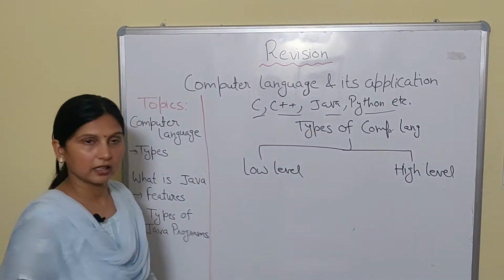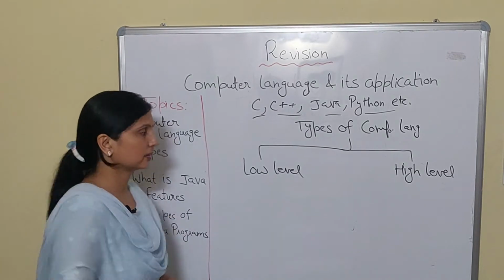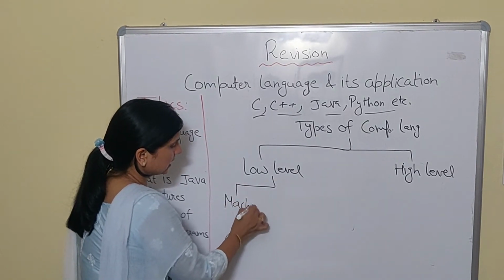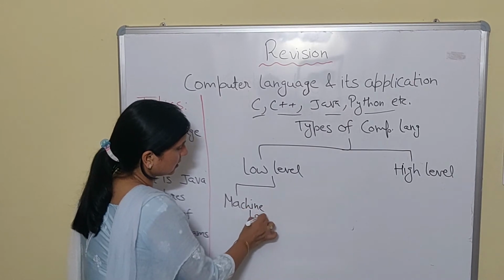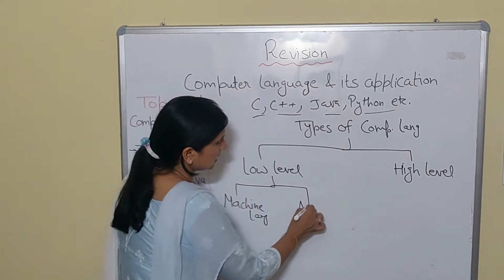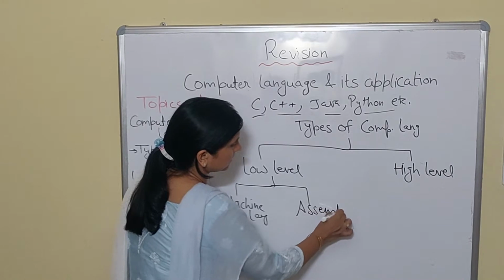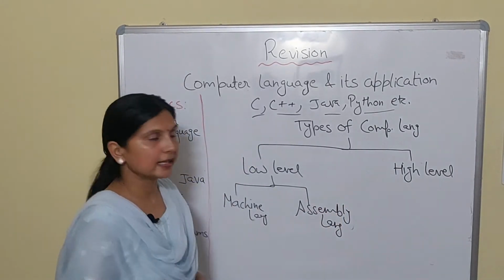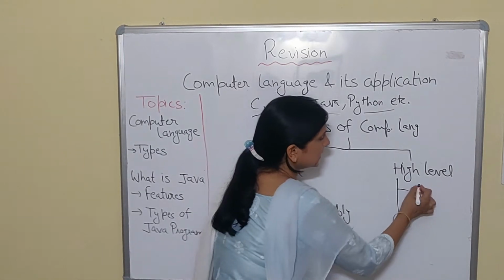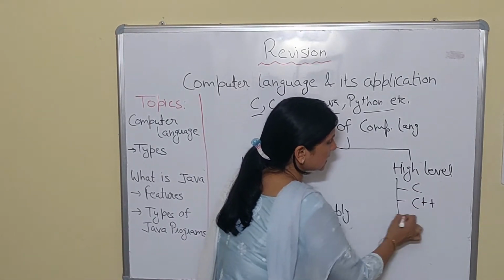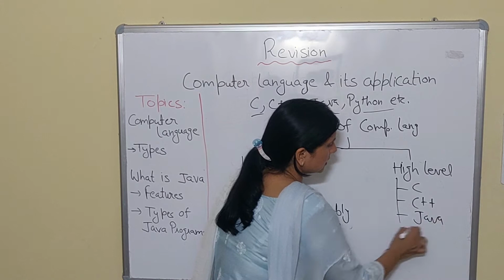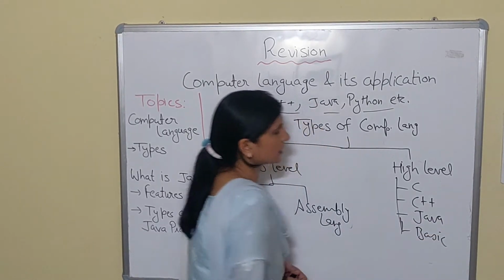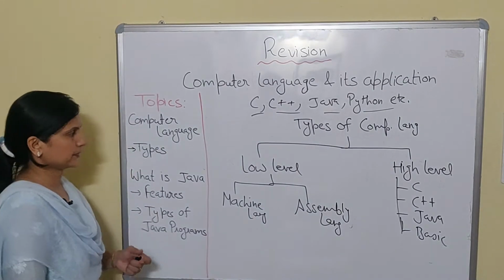Low level language is again categorized into machine language and assembly language. And high level languages are like C, C++, Java, Basic, etc.